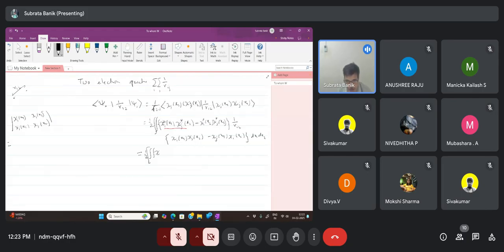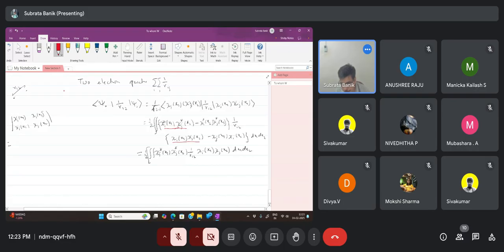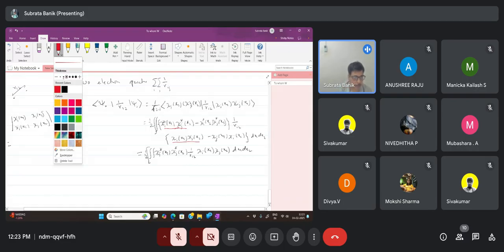So I have chi i star of x1 chi j star of x2 1 upon r12, and then this guy I get chi i of x1 chi j of x2 dx1 dx2. So this is the first term, right? This plus this into this. Then I'm going to write this into this. So let us write that part also.